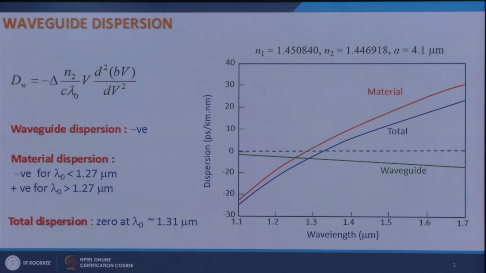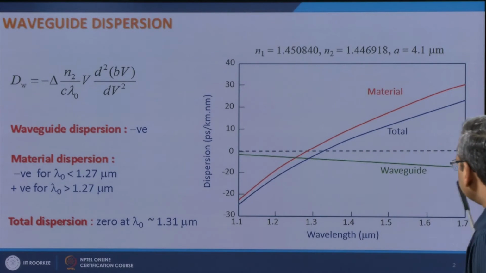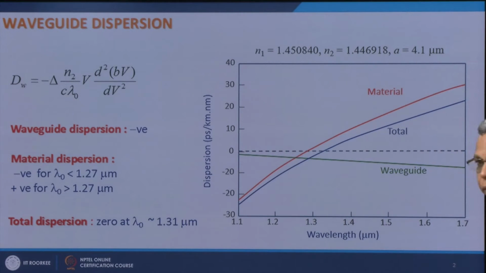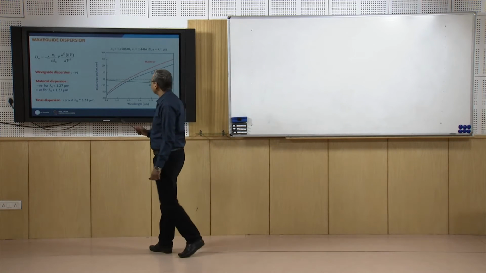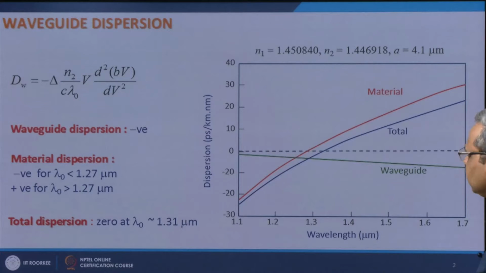When we plot this dispersion coefficient as a function of wavelength, we find that waveguide dispersion is always negative for silica glass fiber, for these particular values of different parameters corresponding to a step index fiber. And if I look at material dispersion for fused silica glass, it goes like this.